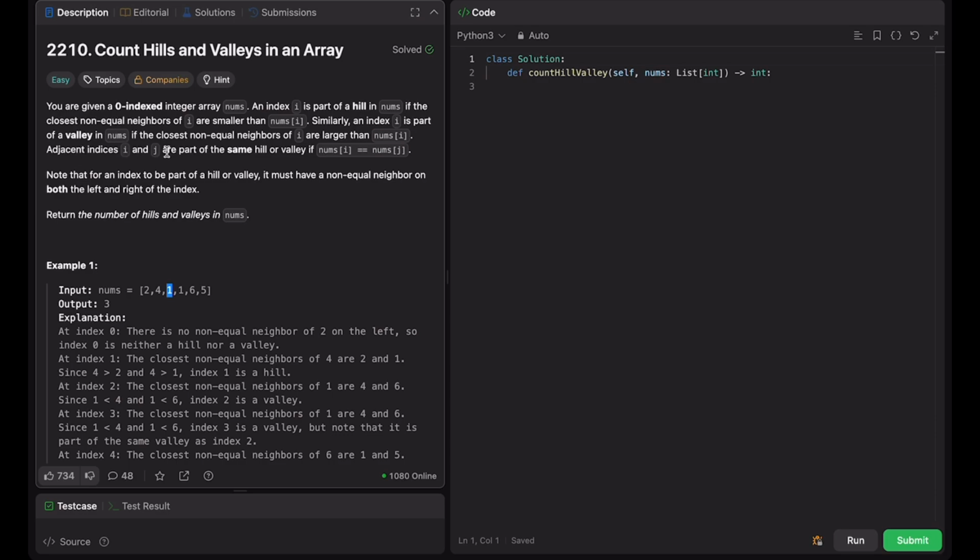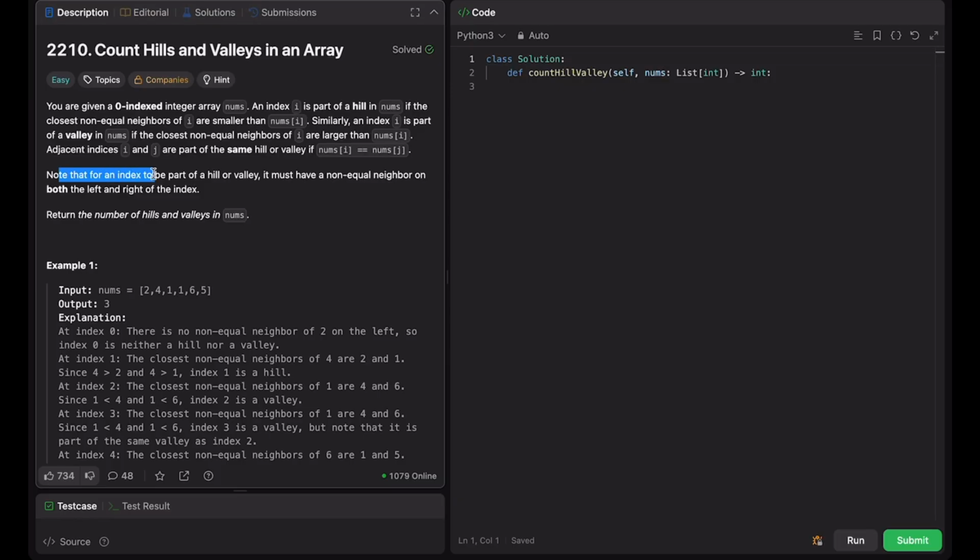Adjacent indices i and j are part of the same hill or valley if nums[i] equals nums[j]. So here, this 4 will be one hill, and these 1s together will be one valley. You can't take this one separately and this one separately. So that's what they have stated.